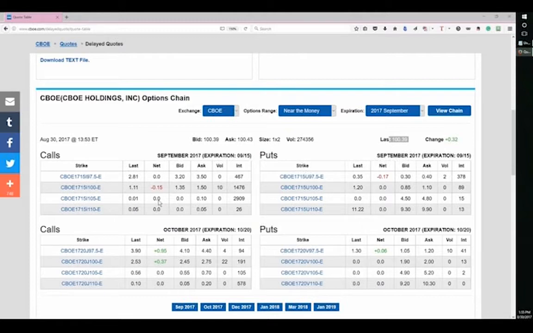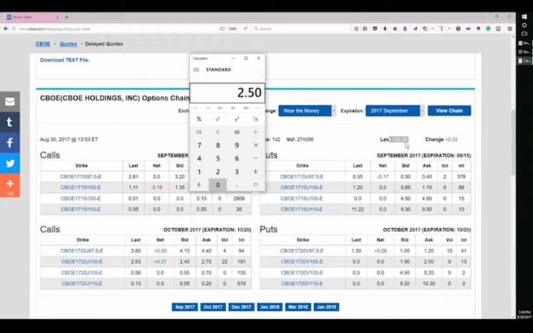There'd be nothing left over. It's not worth anything at this point. And if I was to use, for instance, this 97.50, well, I've got $2.50 plus this 39 cents. I've got $2.89 in the money.